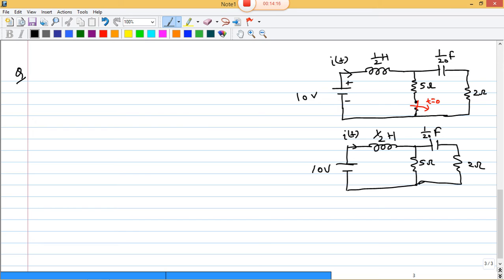Now when the switch is closed for a long time, the capacitor voltage is charged to 10 volt and there is no current flowing in the capacitor. The inductor behaves as a short circuit.